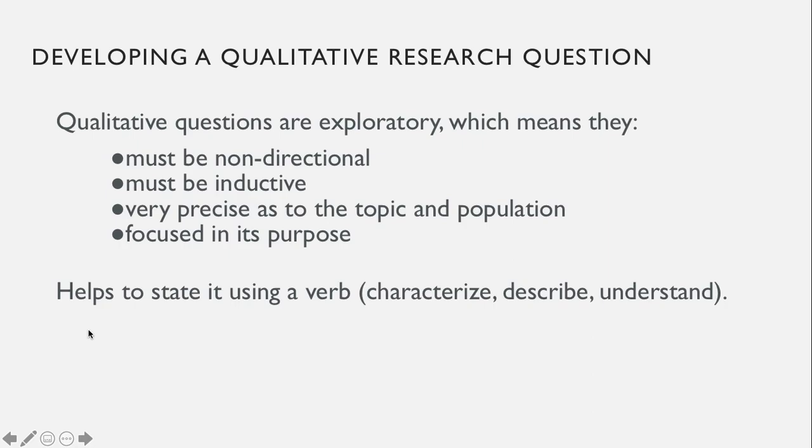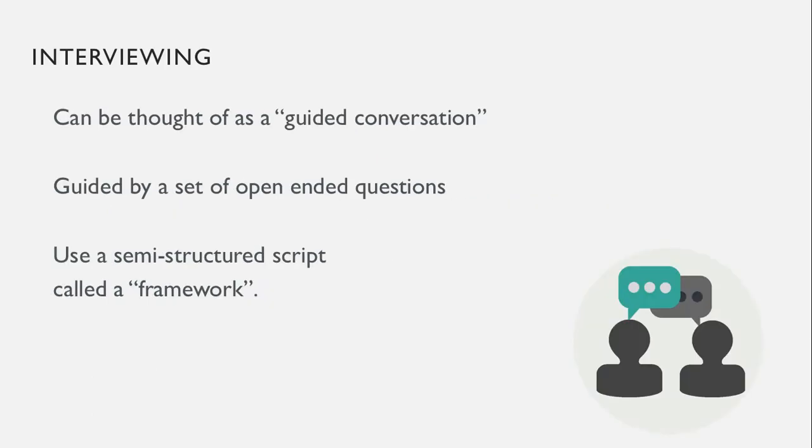It helps to state it using a verb: characterize, describe, understand, when you're coming up with your question. So interviewing can be thought of as a guided conversation, guided by a set of open-ended questions, using a semi-structured script called a framework.